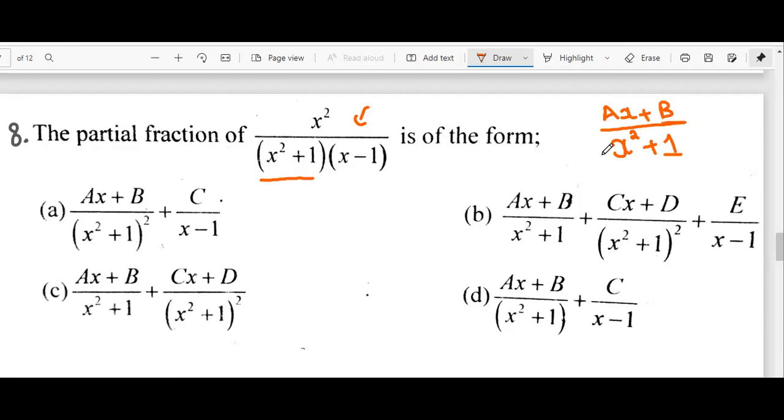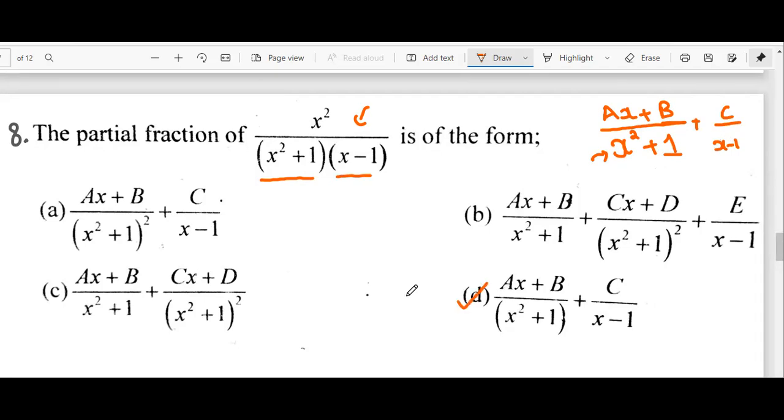Okay, whenever we have such kind of a quadratic expression in the denominator, in the numerator, we get ax plus b. And for x minus 1, things would be simple. We will get c over x minus 1. Okay, now this choice is basically the D choice right here.